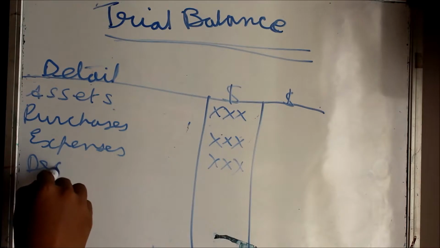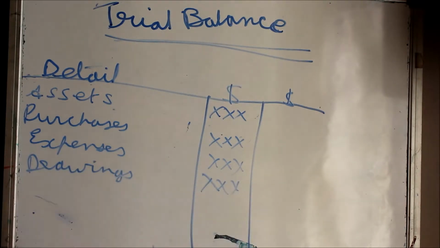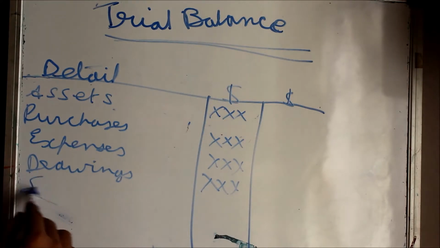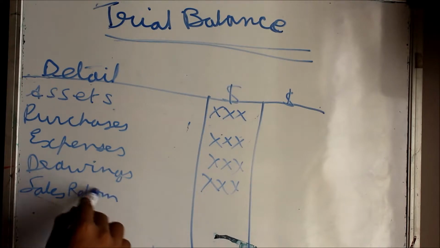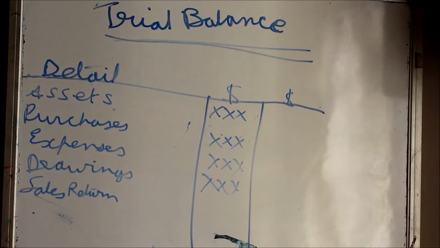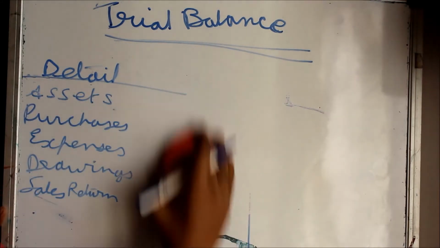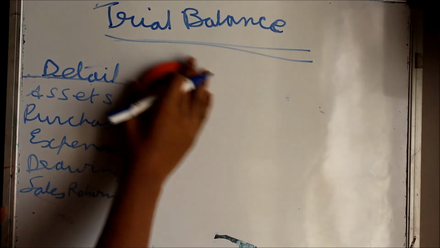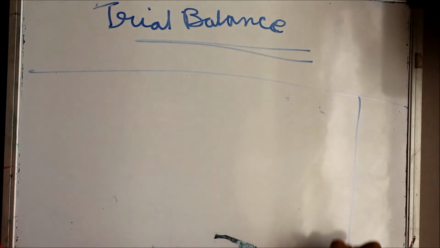Drawings will come on the debit side. And sales return finally will come on the debit side. I don't have much space over here, but you could make some. Let me write everything down again and show it to you properly, in a much better format.